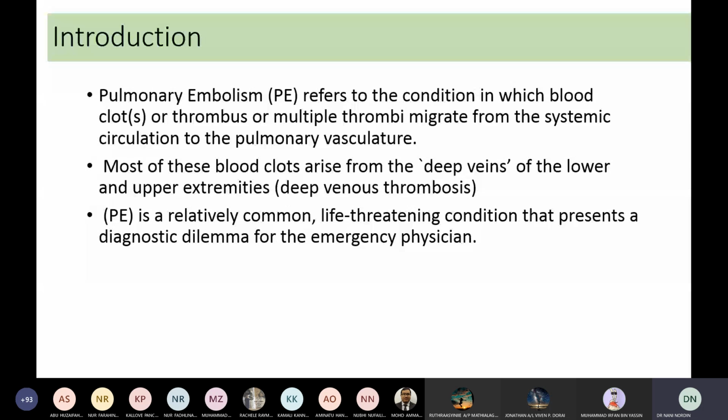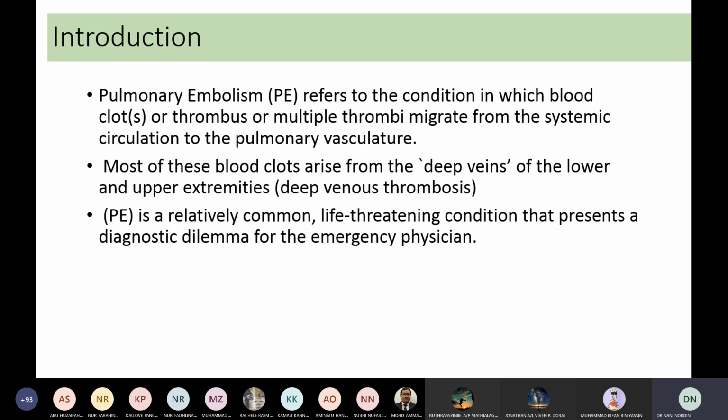Because it's emboli, it's from migration of this clot from the systemic circulation into the pulmonary vessel. Most of the clots arrive from the deep veins of the lower extremities, but you may have clots arising from the upper extremities.